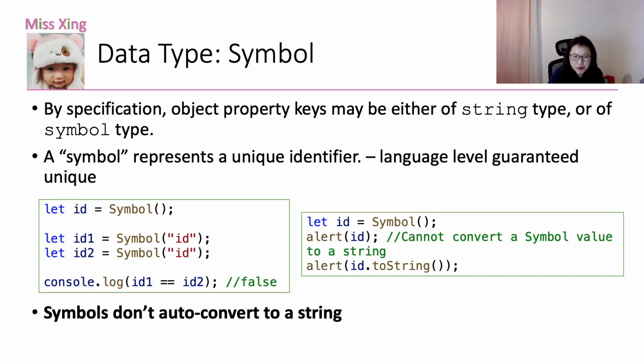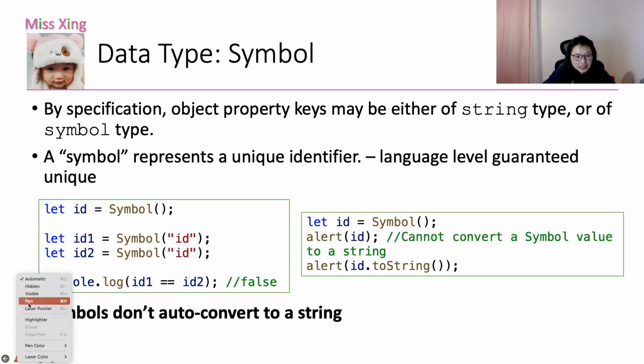I have never used a symbol before. And what is a symbol? A symbol represents a unique identifier, and this is language-level guaranteed unique. So you don't need to worry about it being the same; the JavaScript language guarantees it's going to be unique.